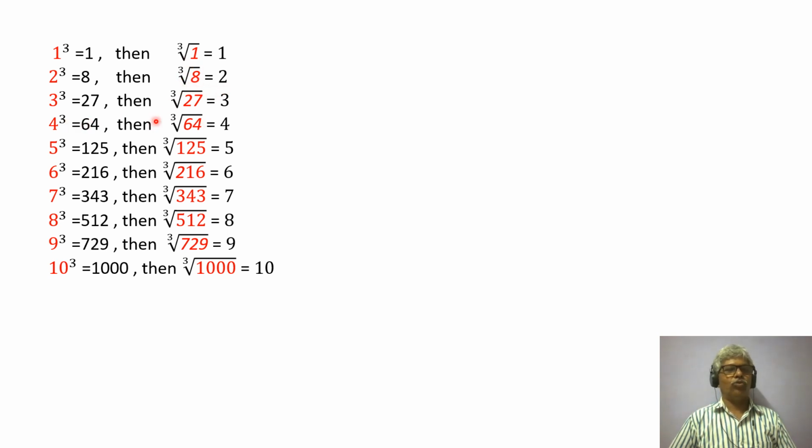So try to know the relation between these two and how to write it. That will be very easy after solving some examples. Remember, 9 cube is 729, then cube root of 729 is 9. And for 10 you can see like this. So we just read it and use it in actual examples.